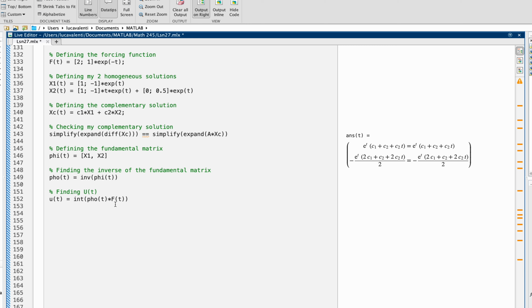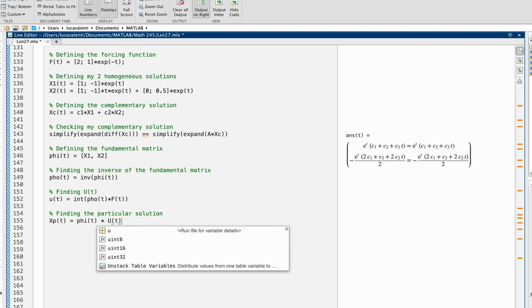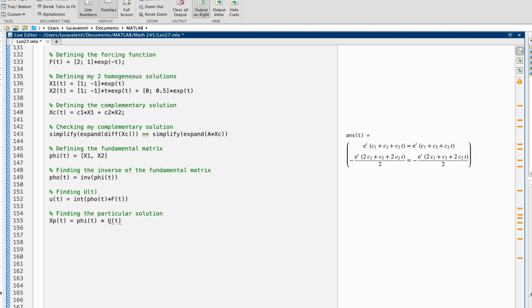So now that we have this, we know what u is, and now finding the particular solution, what is that going to be? Well, that's going to be xp of t, and it's going to be phi of t multiplied by u of t. Case sensitive, so we use the lowercase u here.